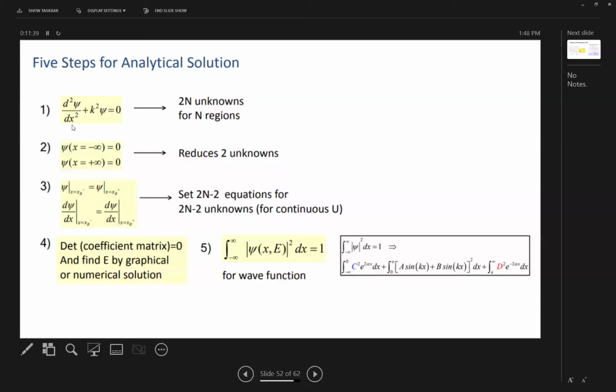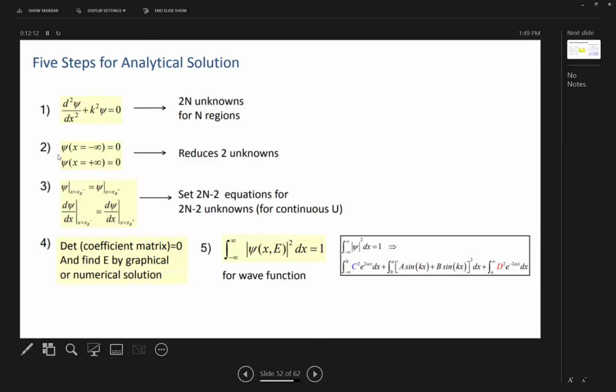So you cannot integrate it and get a finite value. So this is how we actually eliminate two values from the very left hand side and also the very right hand side. But other than that, in general, any region will give you two different parameters. Okay, so if there are n regions, then there will be 2n unknowns, and then we have to solve the problem of these equations with 2n unknowns.